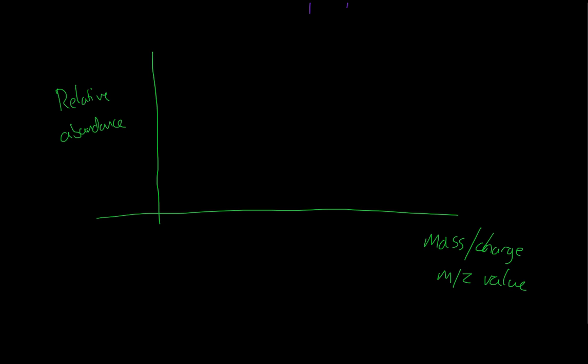So let's say we put chlorine through there and we ended up with two lines. We have one at 35 m/z, and this is going to be a really big line. It's going to hit about 75, and then we have one at 37, and this is a small line hitting about 25. What does this mean? Well, this means that out of our sample of chlorine, something had a mass to charge ratio of 35 that was about 75% of the sample.